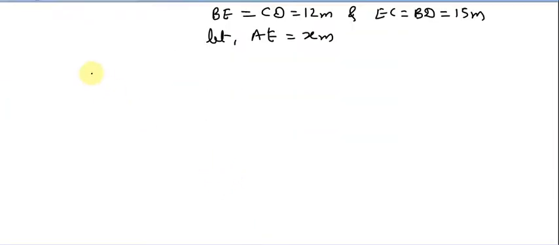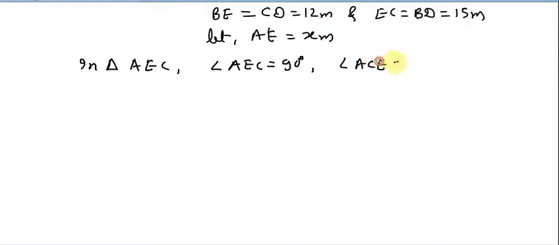So in triangle AEC, angle AEC equal to 90 degree, angle ACE equal to 30 degree, and we have to find AE when EC is 15.